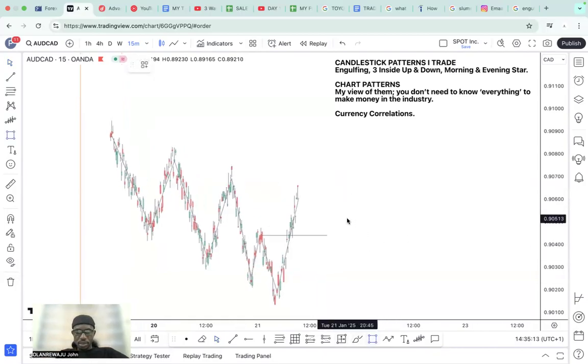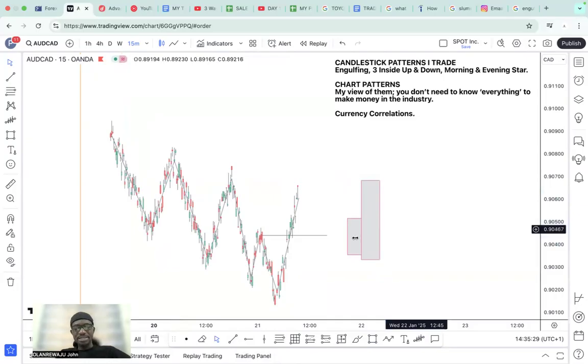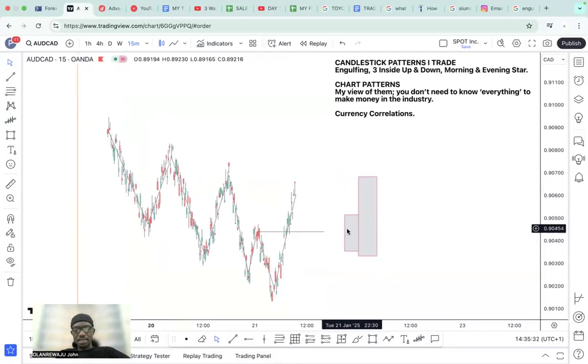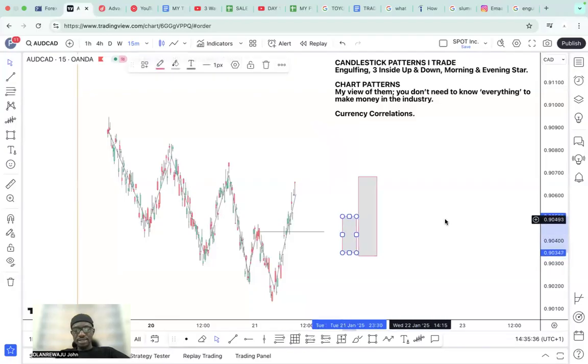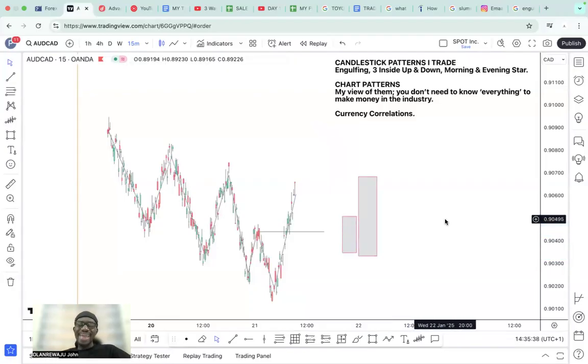So, engulfing candlestick. Let us assume that this is a bearish candle. Don't let me stress by putting weak. And then this is a bullish candle. What an engulfing candle means most times, 80% of the time, is that you now see this candle to the right completely engulfs, like it covers, the one to the left.